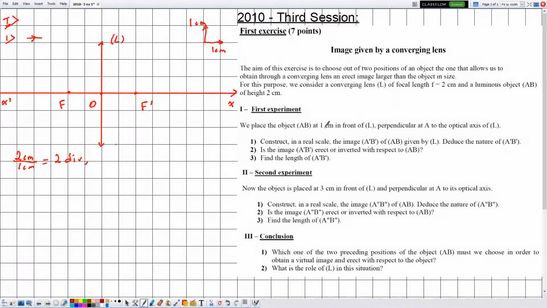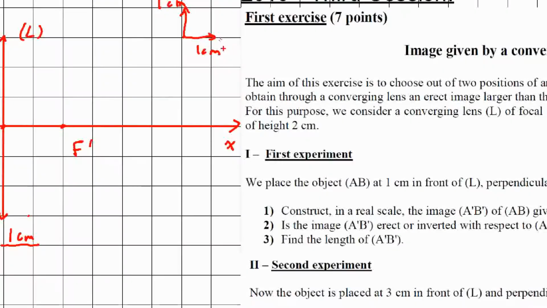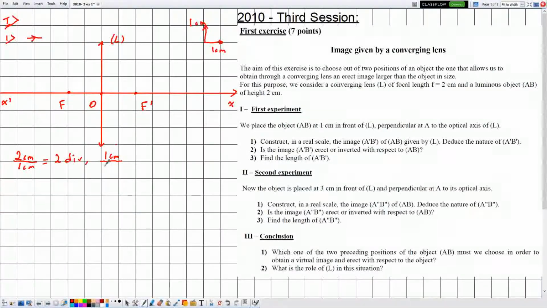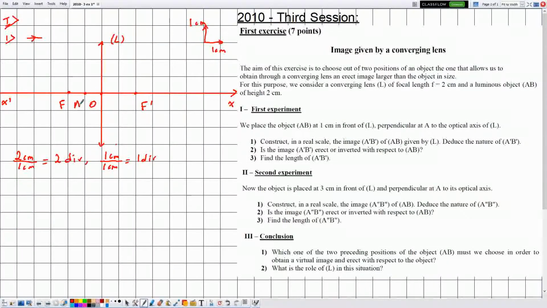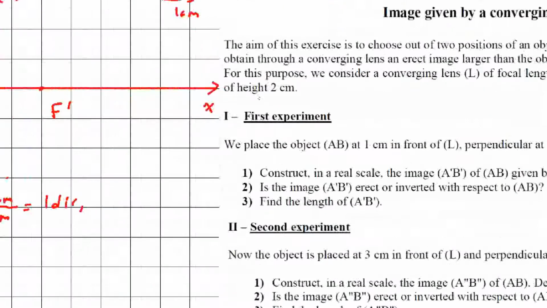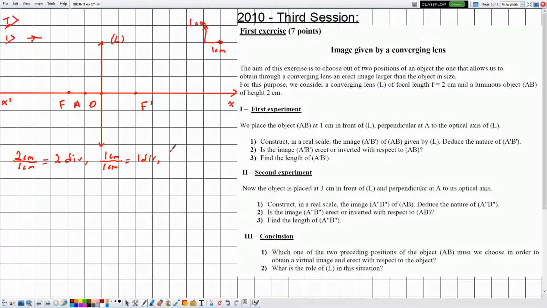Now the object AB is at a distance of 1 cm in front of L, perpendicular at A to the optical axis. Therefore A will be found on the optical axis. The distance is given by 1 cm. Since we are putting data along the x-axis, we divide by the scale along the x-axis. So 1 will give me 1 division, one division in front of the lens. This will be the point A. Moreover, the size of the object is given by 2 cm.